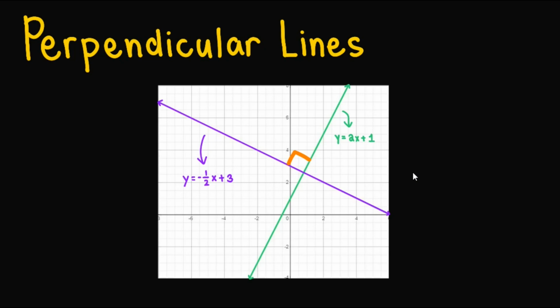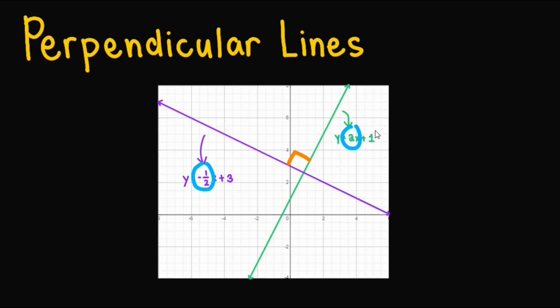So what is special about these lines? Well, let's try to observe these lines through their equations. Observe that these two equations are already in their slope-intercept form. So we know that these are their slopes: -1/2 and 2.